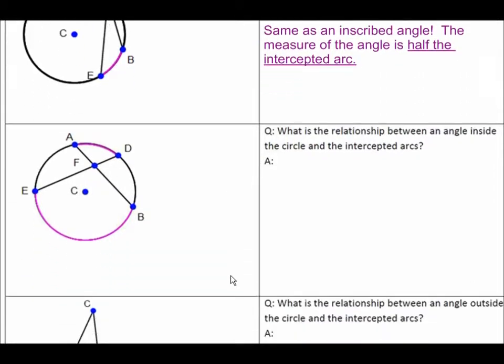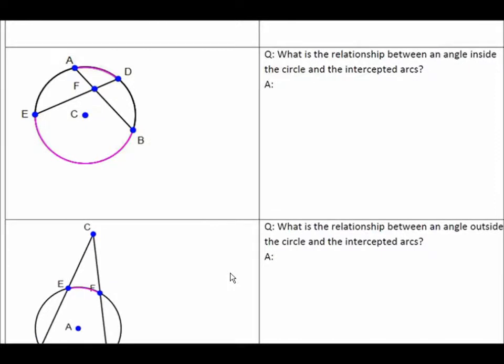Okay. If we come down to our second picture, here we have an angle inside the circle. What's the relationship between an angle inside the circle and the intercepted arcs?